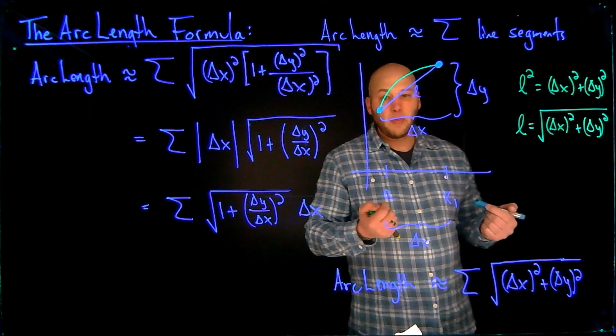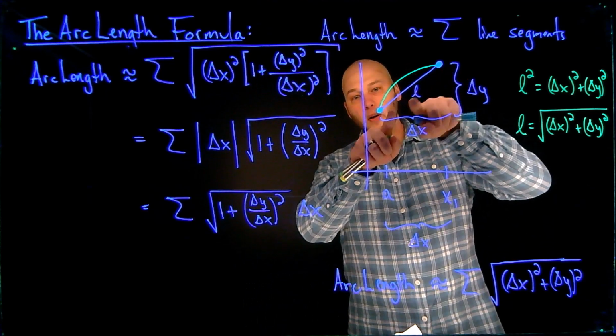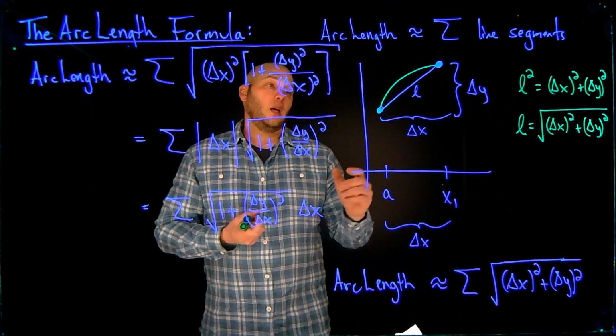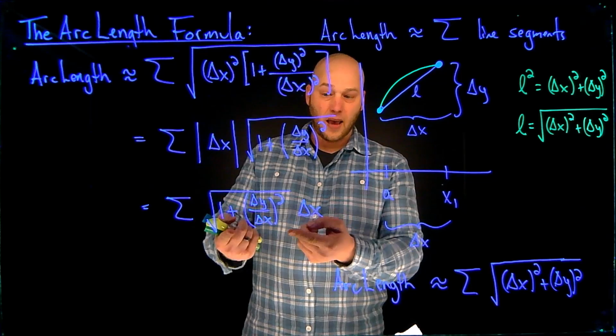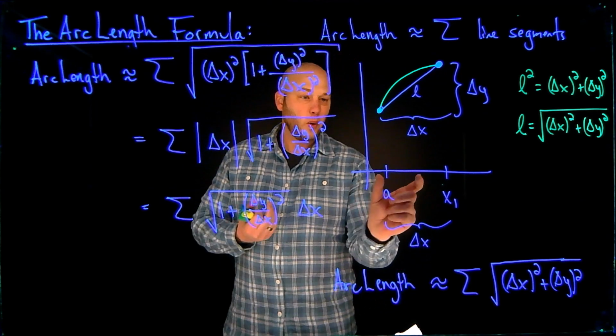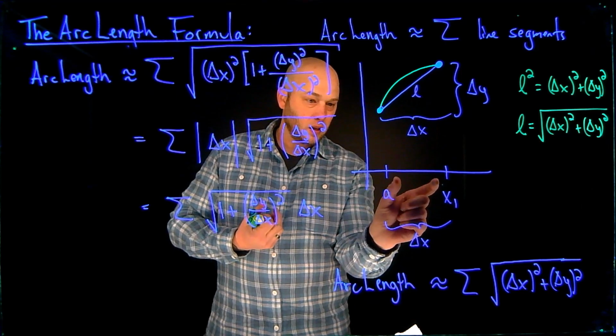Now, this was just representing one of those line segments on the rest of that curve. If I wanted to make this exact, or let's just say make the approximation better, we would take this delta x getting smaller and smaller.